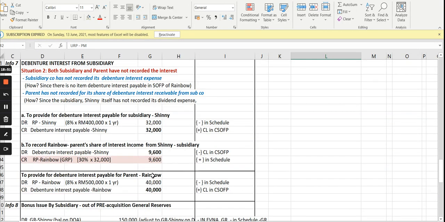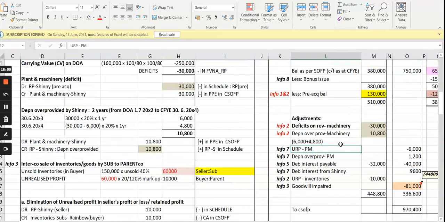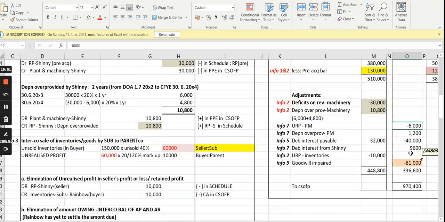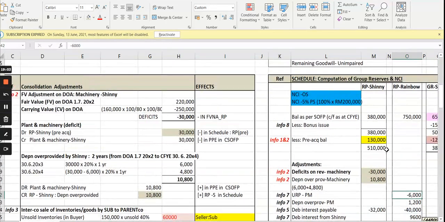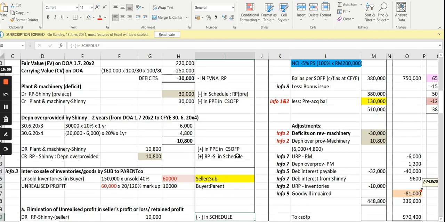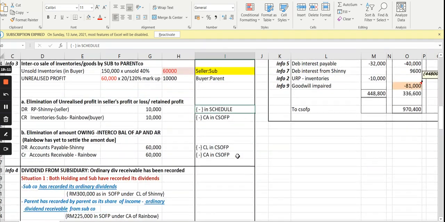Information number 7, we have to check. It's unrealized profit that is under the parent. Why under parent? As parent is the seller. So that was information 7 that is related to unrealized profit.